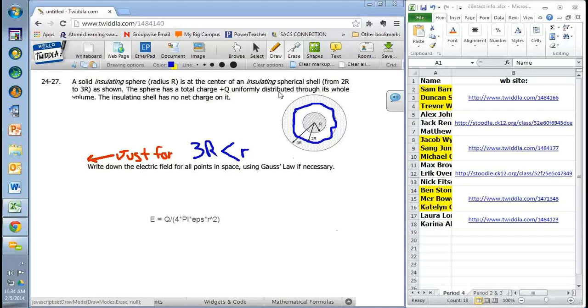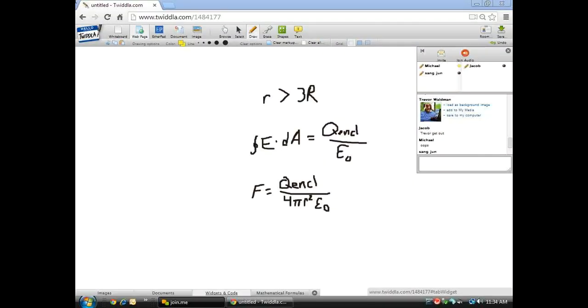How about Jacob, can I go? I can't take it because the firewall online won't let me take over. Gotcha. Let me see if I can pass it to Michael, and then anybody can talk. Okay, so now we're able to see Michael's screen, but anybody can talk.